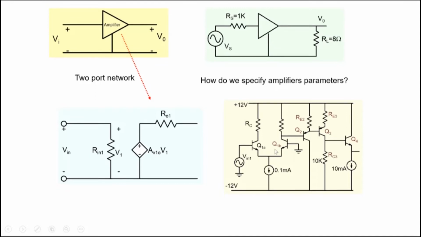The amplifier that you can see here has 1, 2, 3, 4, 5 transistors, and current sources and resistors and all of that. So it's quite complicated, but we can represent this amplifier in terms of these 3 elements. And it would be interesting, and one would like to ask, how do I determine these 3 elements, Rin, AV0, and R01? And once we have this representation, then wherever this amplifier is present, for example, in a circuit like this, we could take the amplifier out, substitute it by this representation, and thereby analyze the circuit and predict the properties of the circuit.